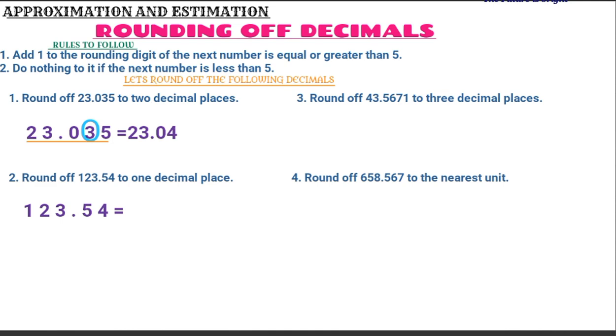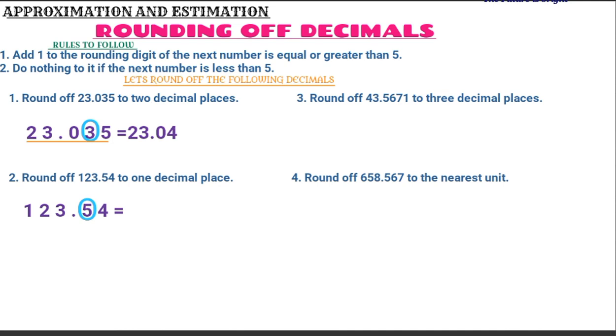That means we're rounding off 5, that is the number which occupies the first decimal place. So we are going to consider the next number on the right side, which is 4.